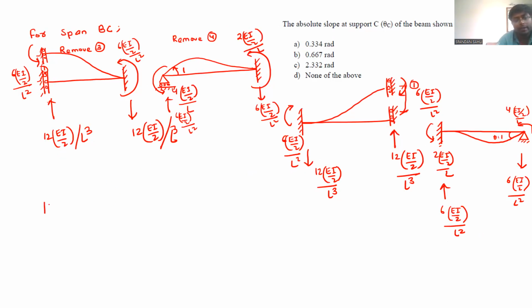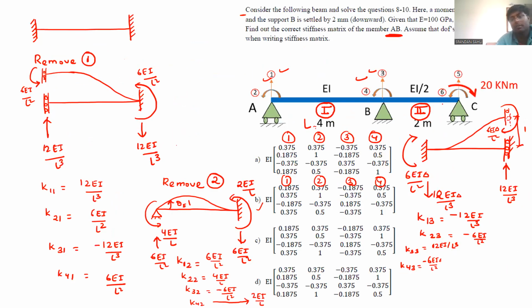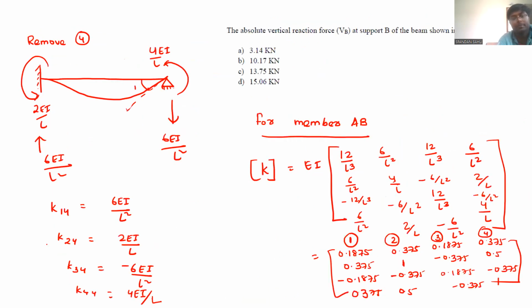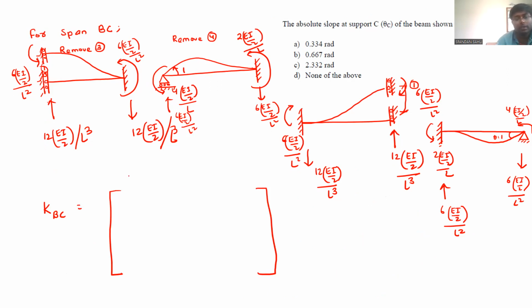When you are writing KBC, sir, why have you written divided by? Oh no, here EI by 2 is there. Yeah, sir, I got it. So here the coordinates will be 3, 4, 5, 6.